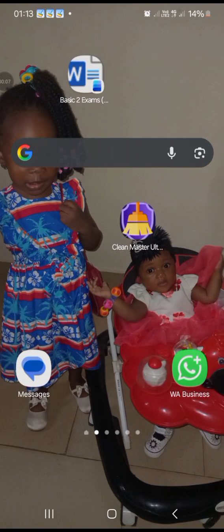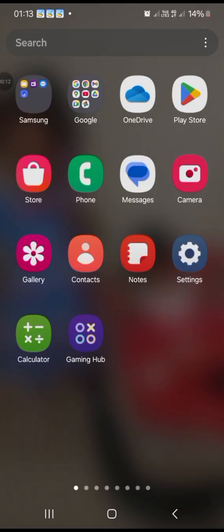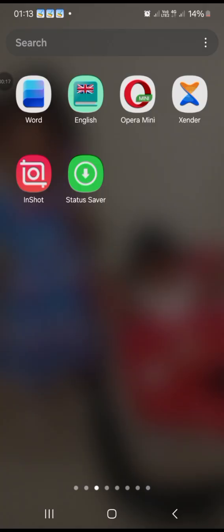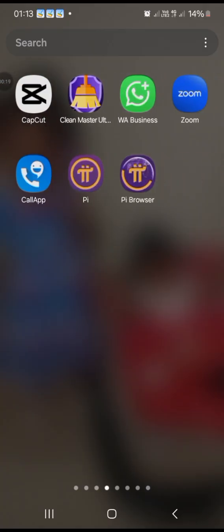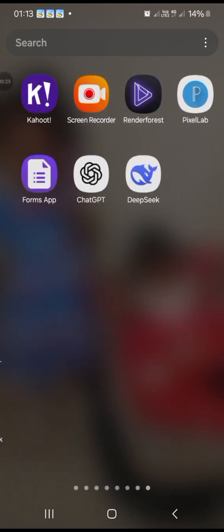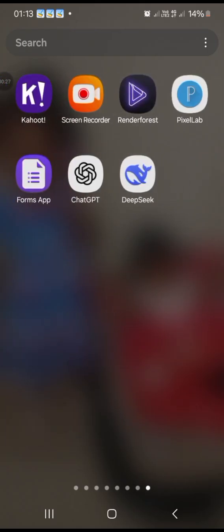So, we'll be looking at how to use our smartphone to generate a well detailed lesson note in just a second. Yes, in just a second. It is very possible. So what you do, you click on your ChatGPT.